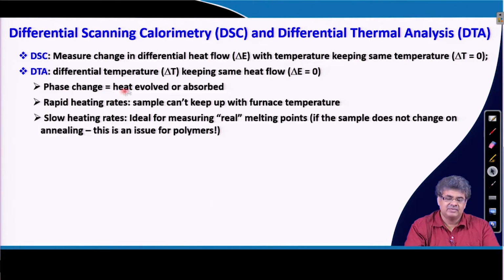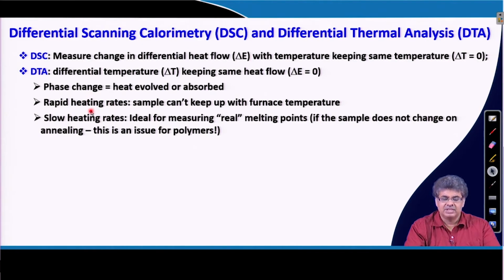In case of phase change, there could be heat evolved or absorbed depending on whether it is an exothermic process or endothermic process. One thing also needs to be noticed: if you supply heat from outside very rapidly, then the sample may not actually follow this heat flow, because the sample might require a little longer time to capture the heat properly.